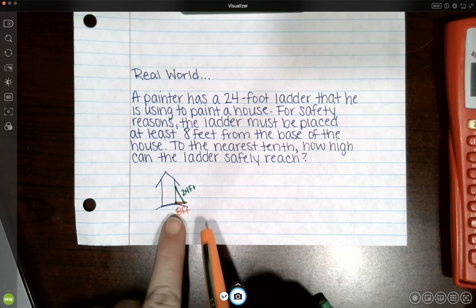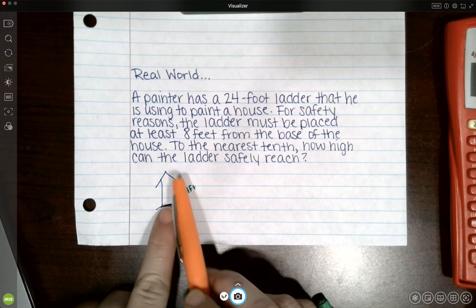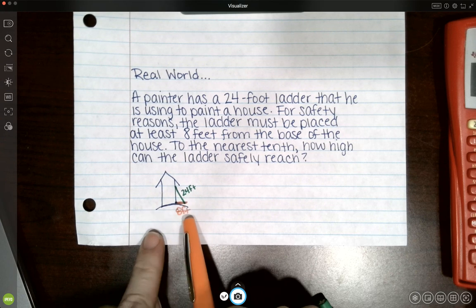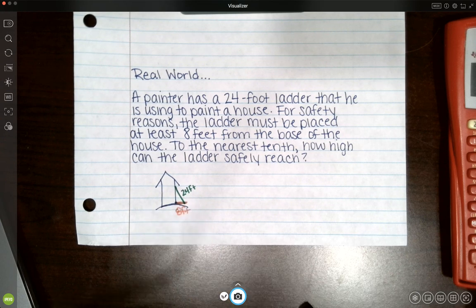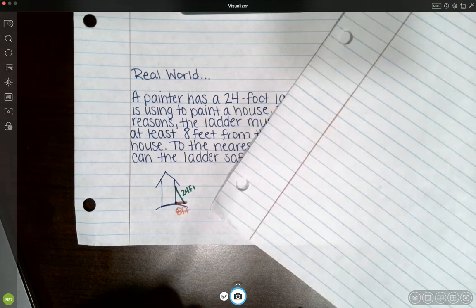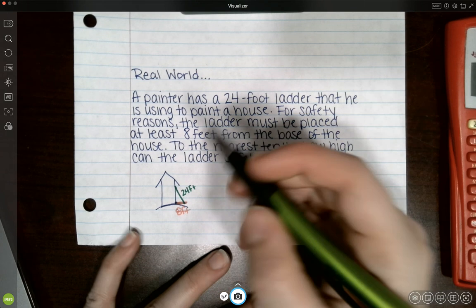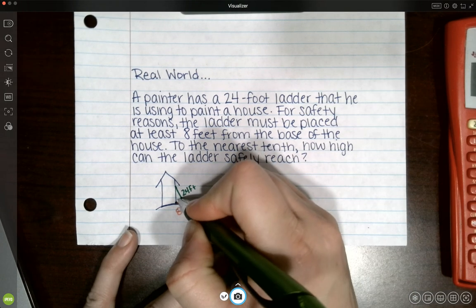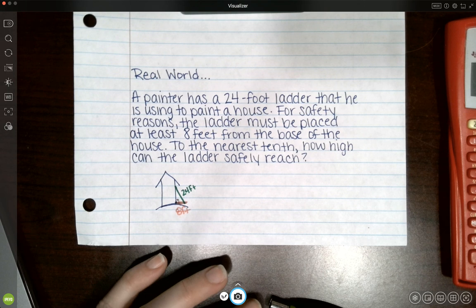So now looking at what I drew, blue, green, and orange, notice I created a right triangle. Again, granted, I'm on a hill, but according to this picture, we're going to pretend it's flat land. So the first question is, am I solving for a leg or am I solving for the hypotenuse? Well, put your little square in there. Because my square is right there, that means I'm solving for a leg.